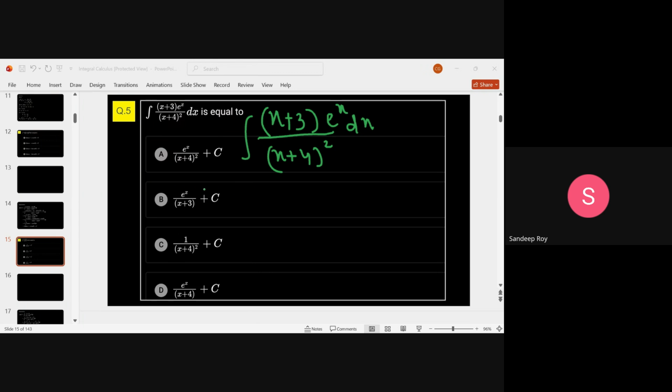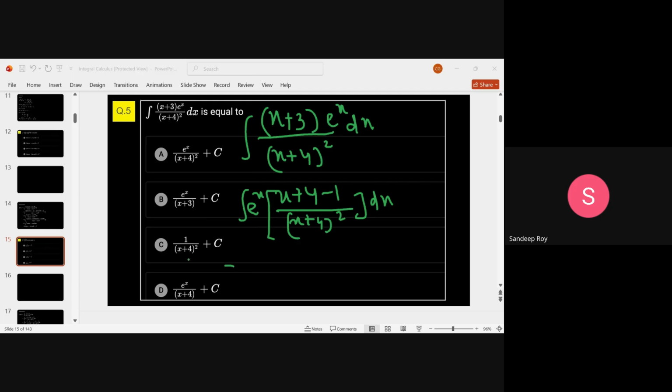Now the numerator part you can write as x plus 4 minus 1, because 3 can be written as 4 minus 1, divided by x plus 4 whole square, with e to the power x outside, into dx. Then you separate the numerator.